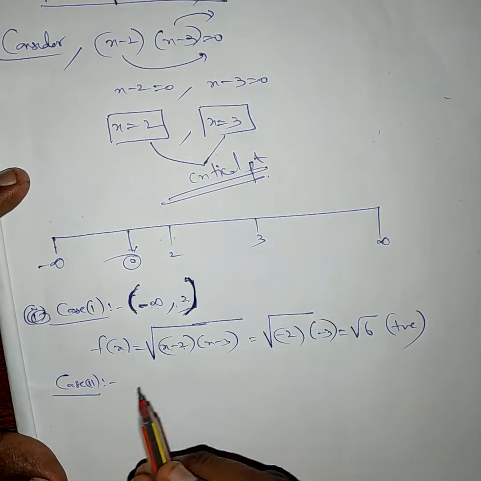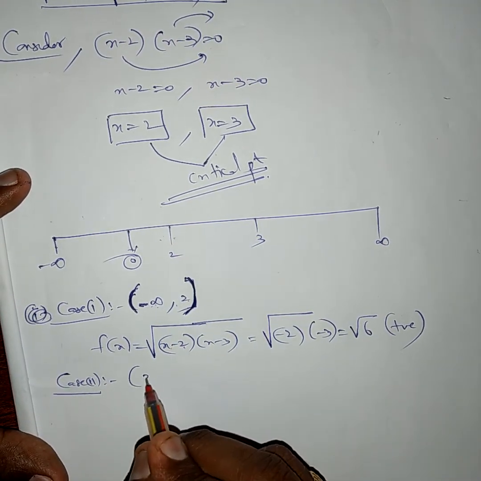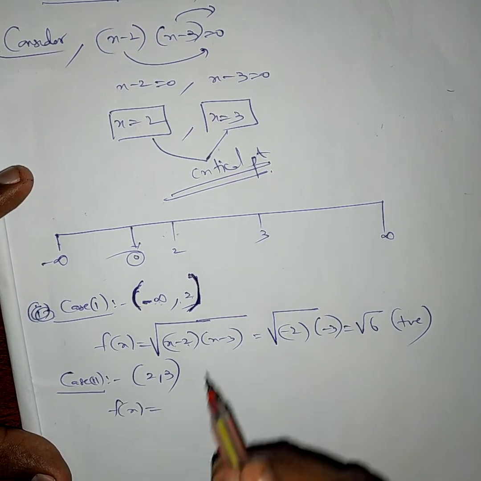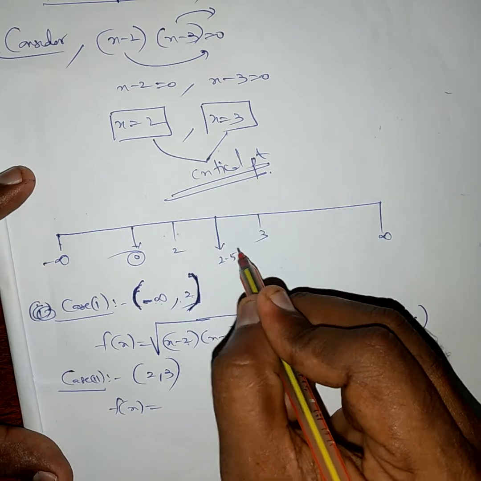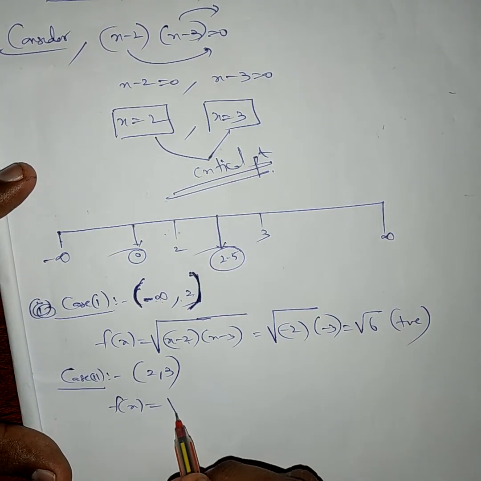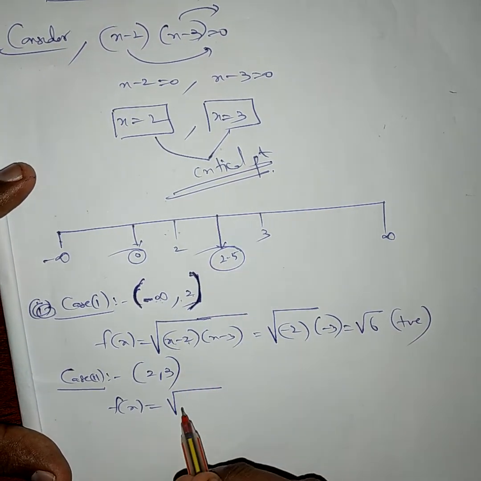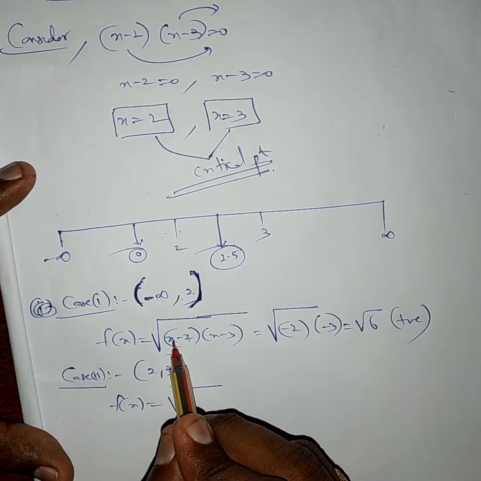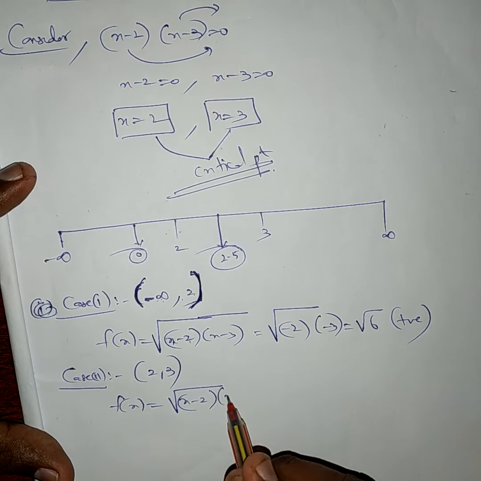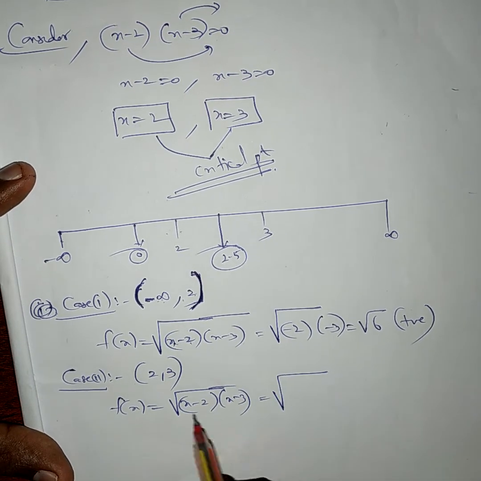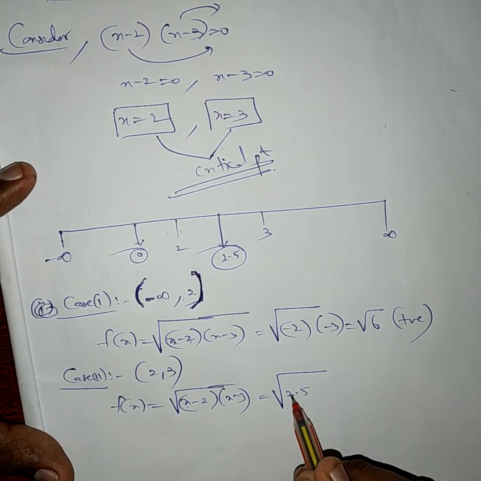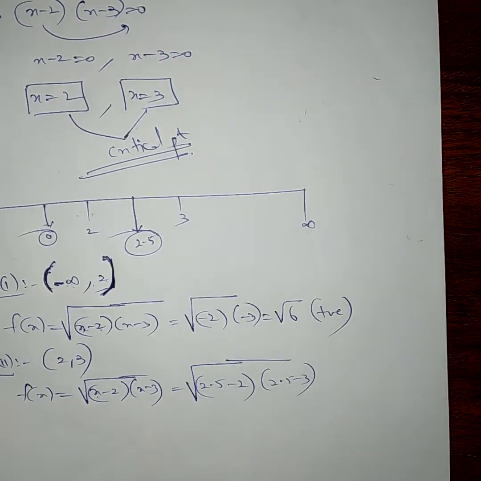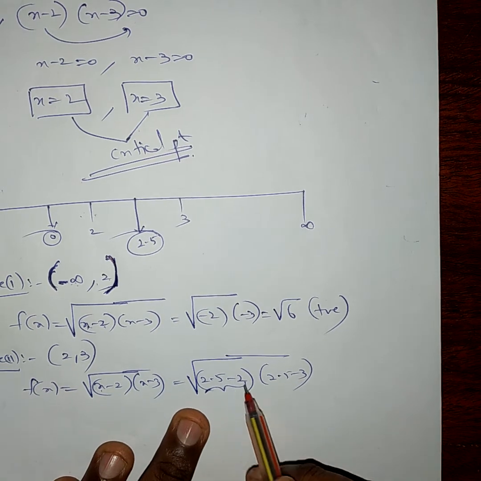Next, case 2. I am going to take values between 2 and 3, that is the interval 2 comma 3. I apply the value 2.5. First I put the values into x minus 2 and x minus 3, then I apply. 2.5 minus 2 becomes positive.